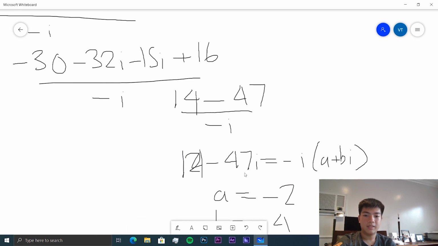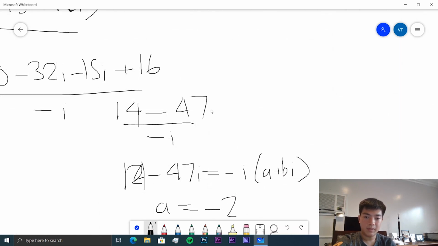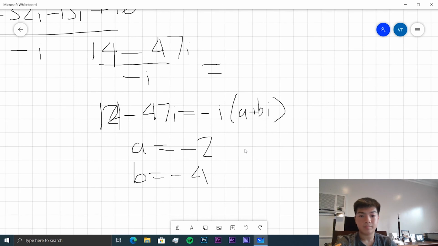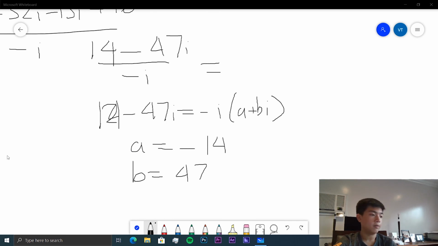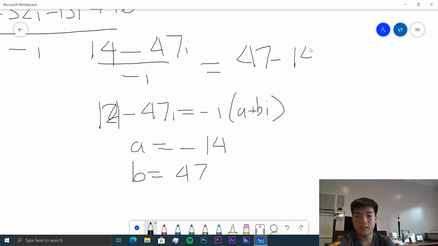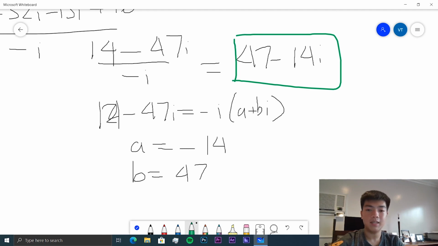So therefore a is equal to negative 14, b is equal to 47. So we have that the sum of the geometric sequence is equal to 47 minus 14i. So that was all for the speedrun. I hope you enjoyed it, and I hope to see you in the next one. See you then.